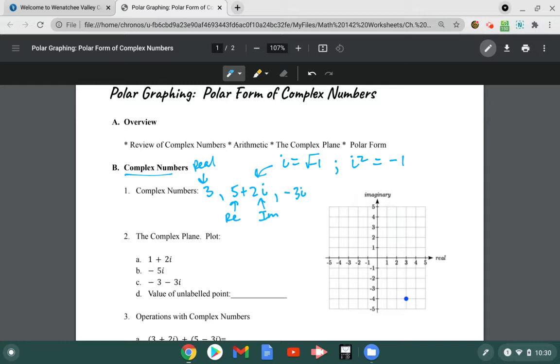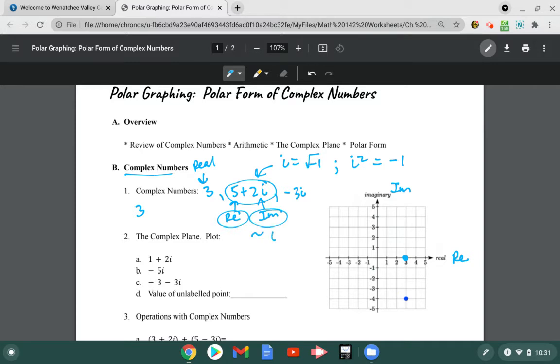On the complex plane, we are plotting the real part on the x-axis and the imaginary part lining up with the y-axis. So as I take a look at the examples that I started with, the number 3 is completely real. It has no imaginary part. So I would plot it here. The number 5 plus 2i has 5 for the real part, 2 for the imaginary part.